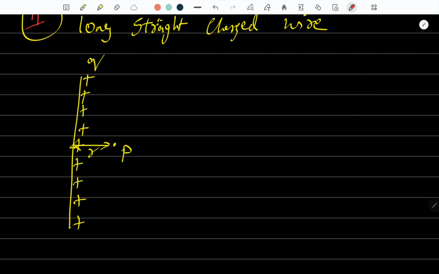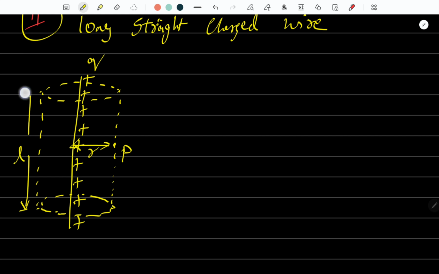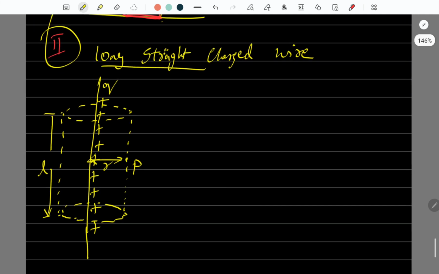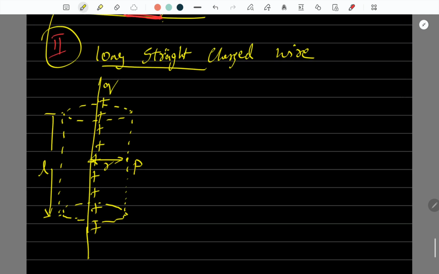So this time we are going to consider a cylinder, a Gaussian surface in the form of a cylinder like this, of length L. You may ask, sir, how can we take a length, when we are talking about a long straight charged wire, infinitely long? Even if the wire is infinite, the length will not matter. In the final expression, length will not be there. That you will see as we move forward.